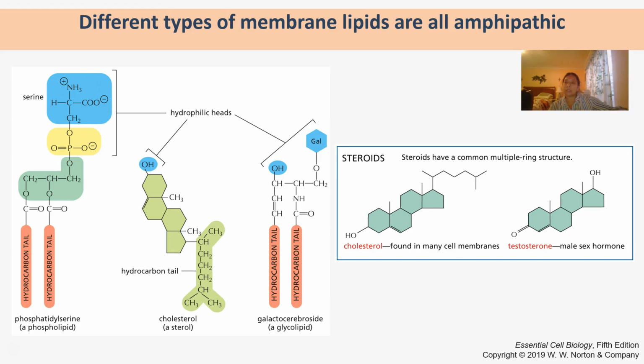Now, in addition to these hydrocarbon tails and these phospholipids, there are other components of the biological membranes that are also amphipathic. There are other types of lipids in there as well that are amphipathic. A big group of them are cholesterols or sterols.